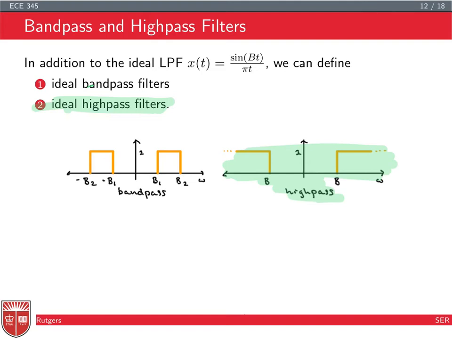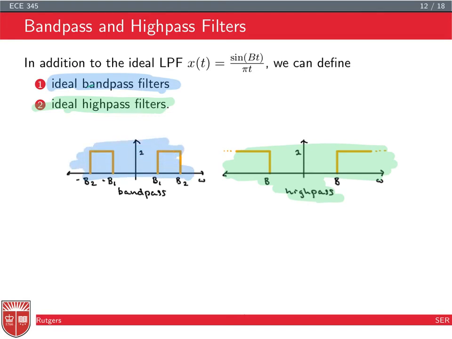It can be anything. As long as it lets frequencies greater than a certain threshold go through, it is a high pass filter. Now a band pass filter lets frequencies in a certain interval go through. So here it lets frequencies between B1 and B2 go through.